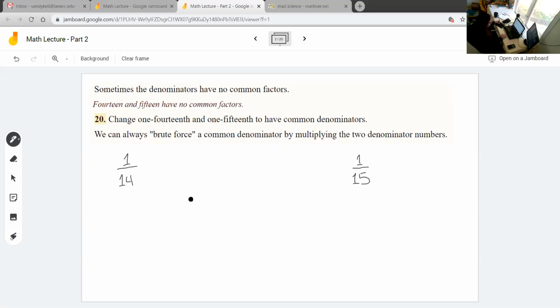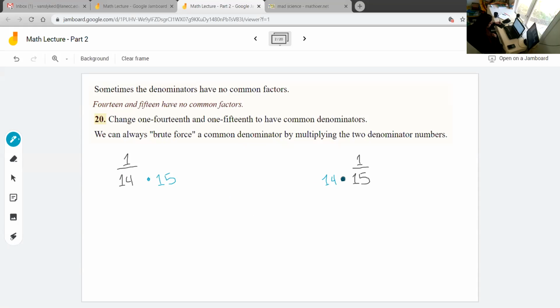They have no factors in common at all. So if my two denominators have no factors in common, then I can make them match. And I can do that by saying, we'll multiply this one by 15 and this one by 14.